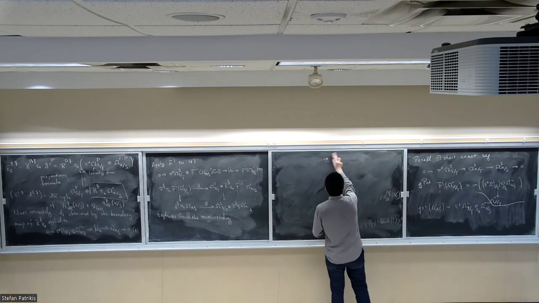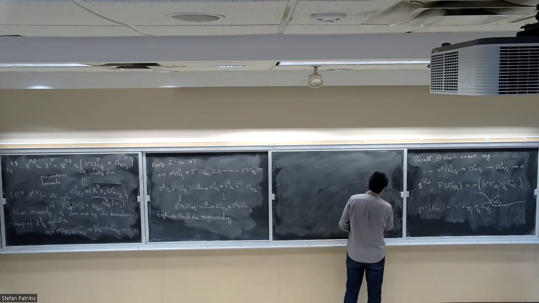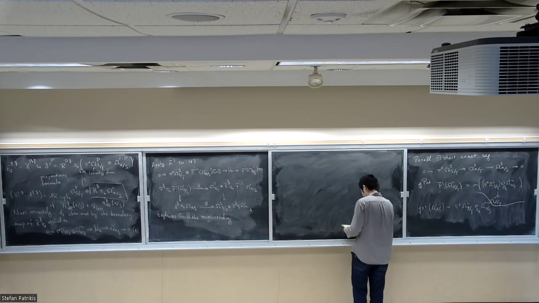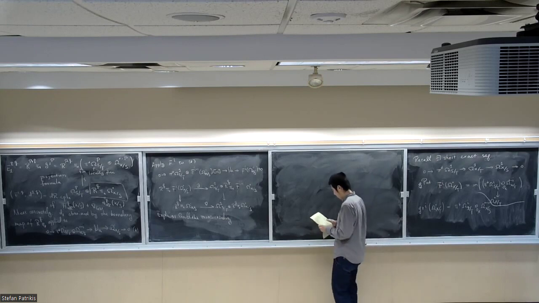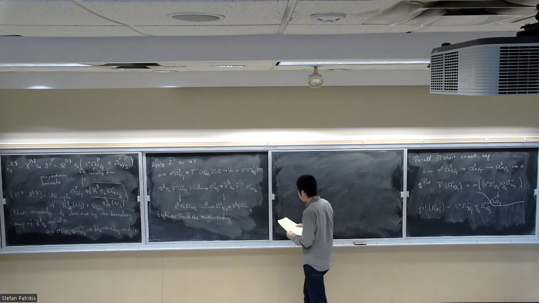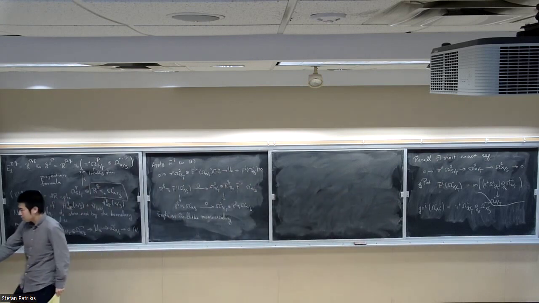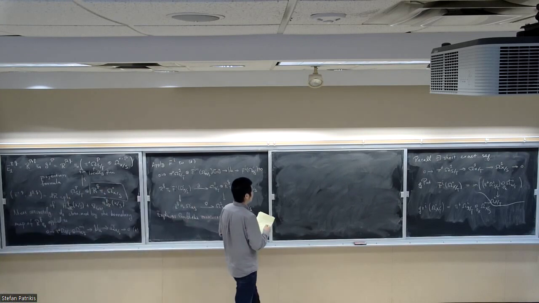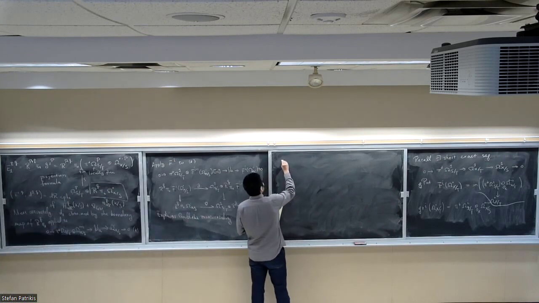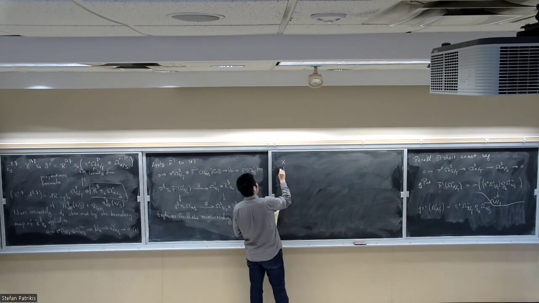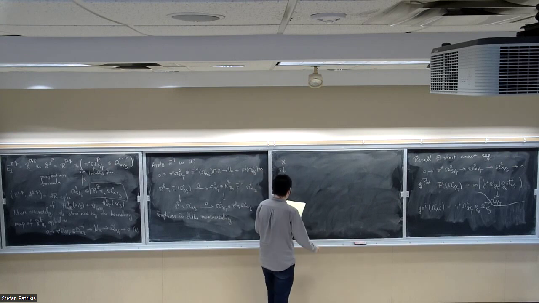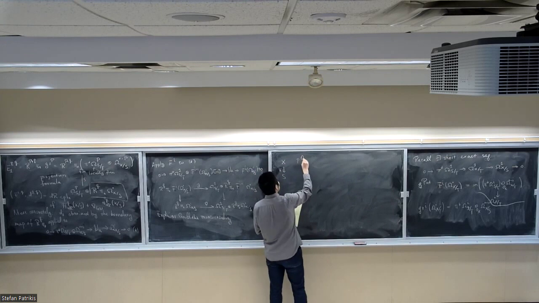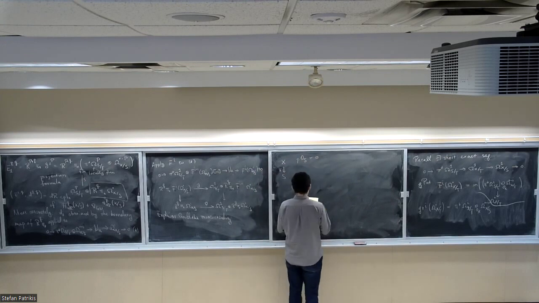All right, so now let me get to characteristic p. I have 20 minutes, so hopefully it's good. Let me get back to the setting where I have x over s, but now assume that s is in characteristic p.